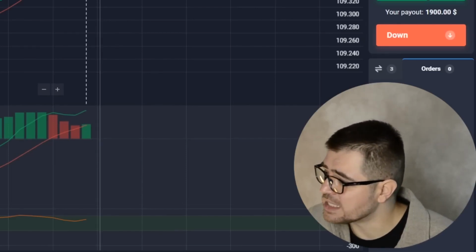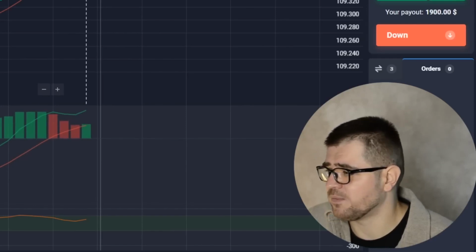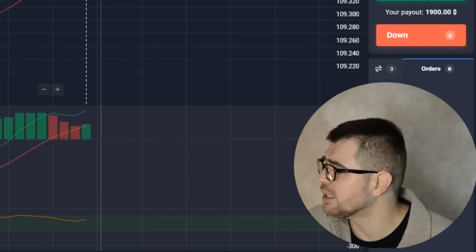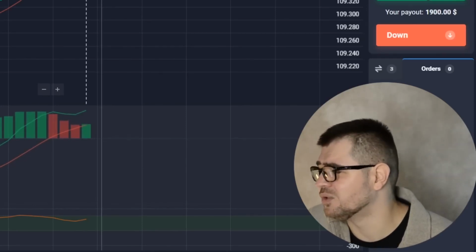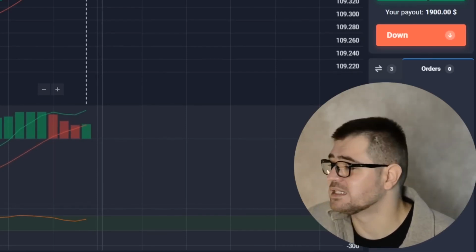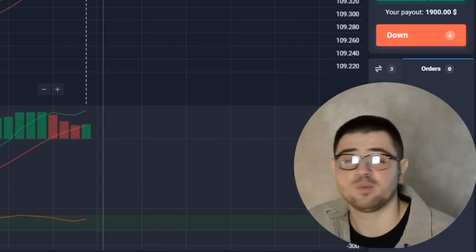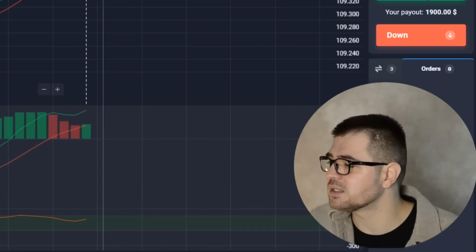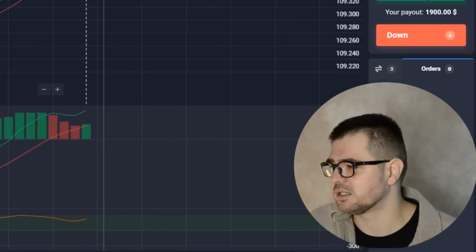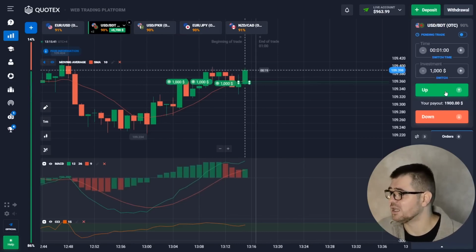But the price, as you can see, is kind of a pullback, and the price is still growing, and the trend is also pretty bullish. So let's see if we can break this resistance line, but it's not fully broken yet. When it collects like this just below it, that's a good sign that it will break it. So it's a good sign for a call option here, even a second one.